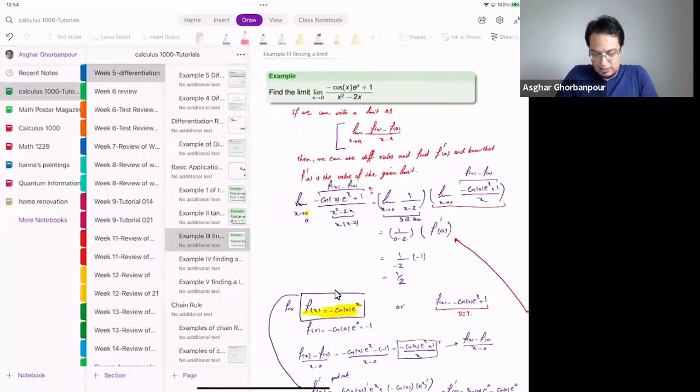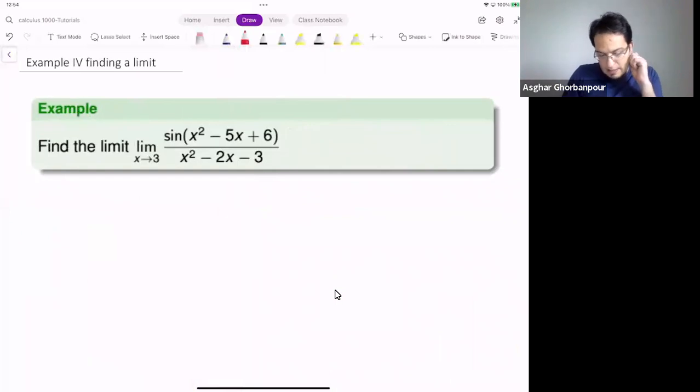Okay, another example. This is also an interesting example. There is more than one way to solve this.